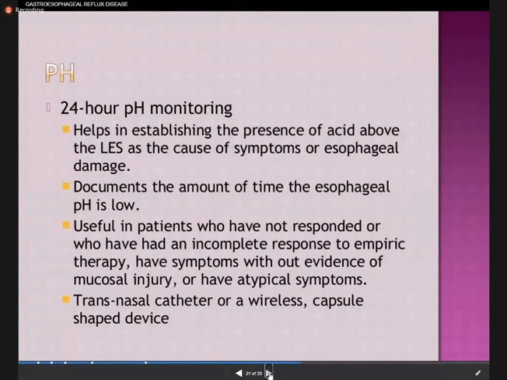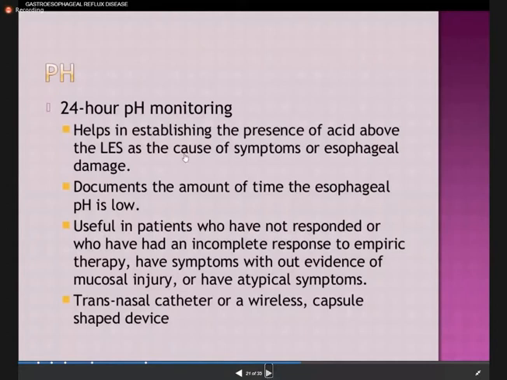When the patient is eating, he has to press the button that he is eating. After 24 hours, you take out the catheter, you take back the device, and then you read the device. If there is pH less than 4 for more than around 15 to 30% of time, it signifies that the patient has gastroesophageal reflux disease.